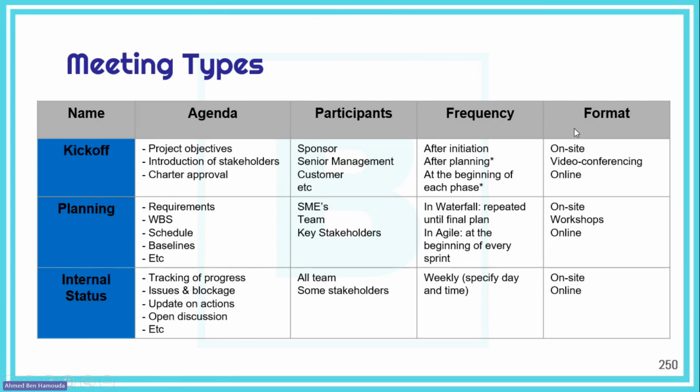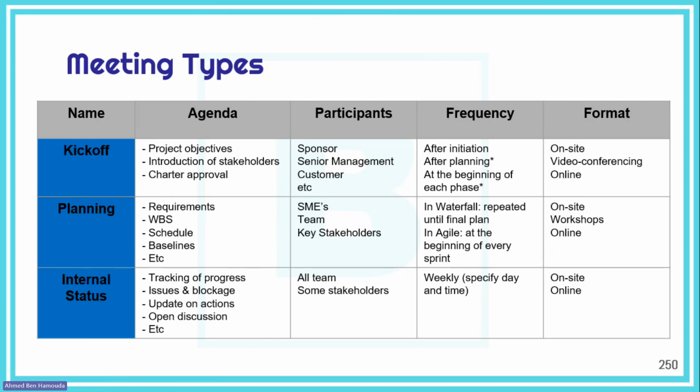Okay. Now the frequency, personally, for the project internal status meetings, I usually have them weekly. And if you choose weekly, you have to specify the day and the time. When would you like to have that meeting? Usually I do it at the end of the week, after I make sure that my team has progressed with the work.